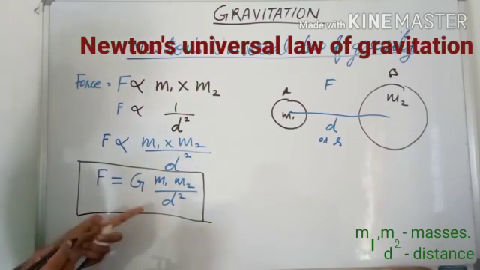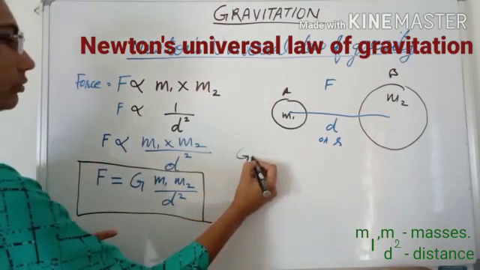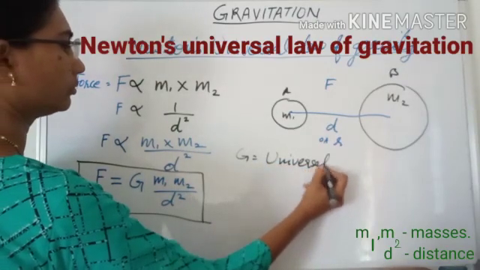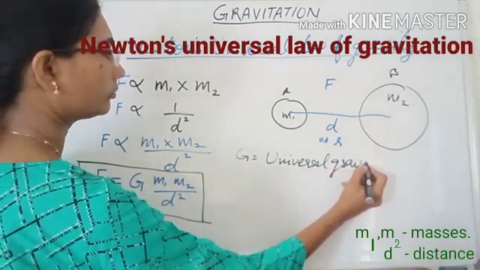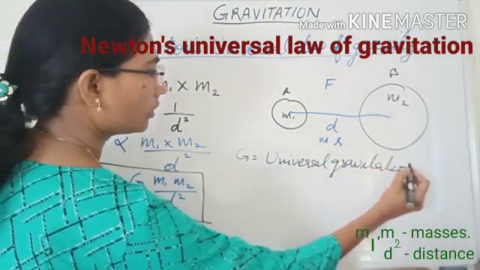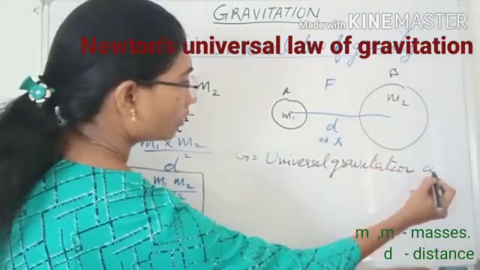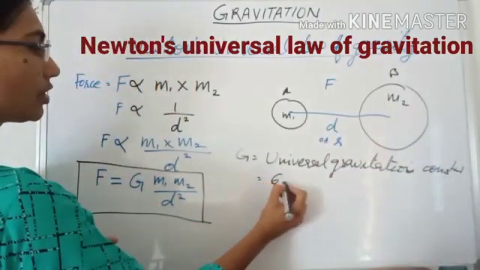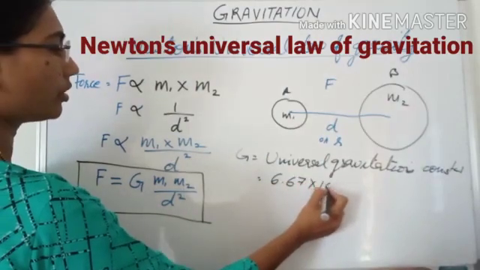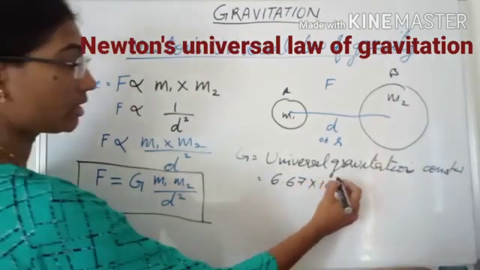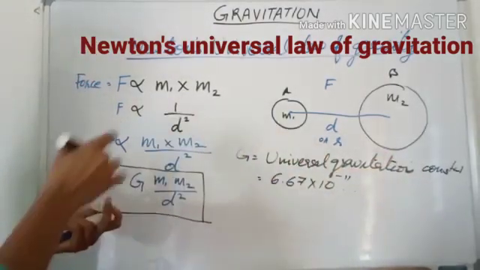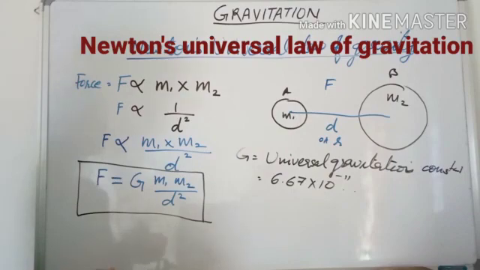The universal constant G is the gravitation constant, and its value is 6.67 into 10 raised to power minus 11. The unit I will tell you later on; we will find out what the unit is. So this is the universal gravitation constant.